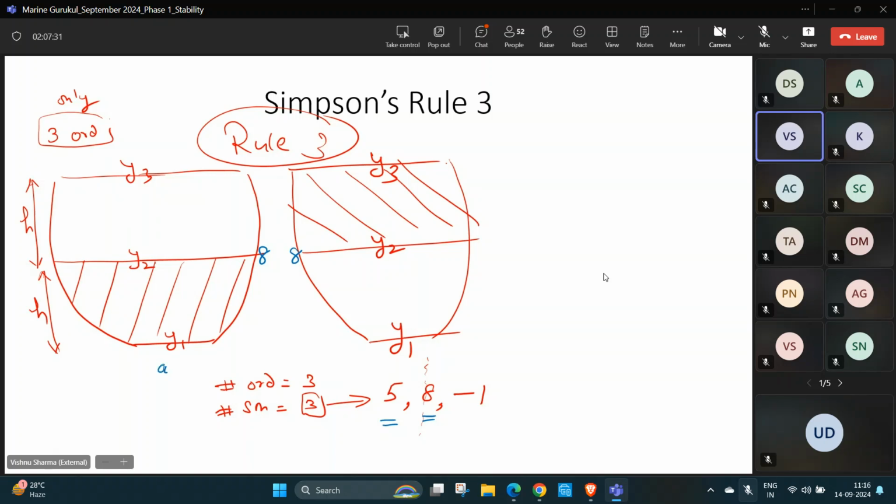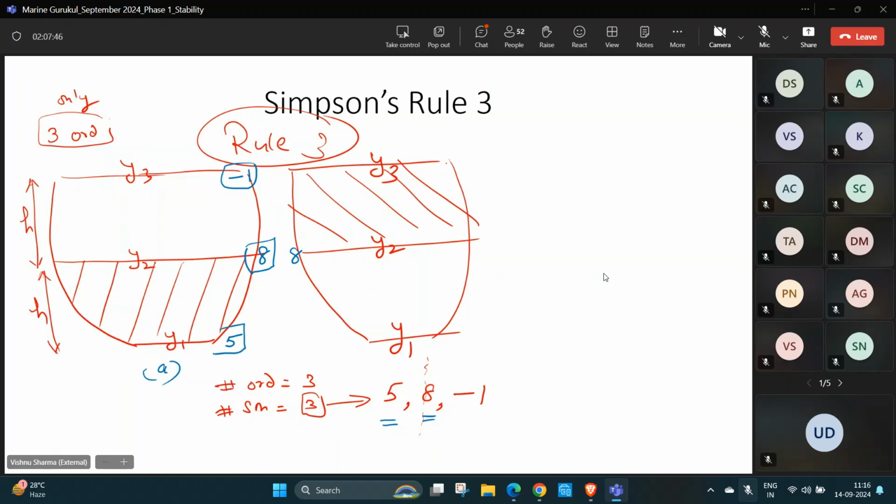So 5 will be allocated to the ordinate which binds or contains the area or volume of interest. In diagram A, which ordinate contains the area of interest, beta, besides y2? Y1. So for the diagram to the left, the multipliers will be assigned like this.